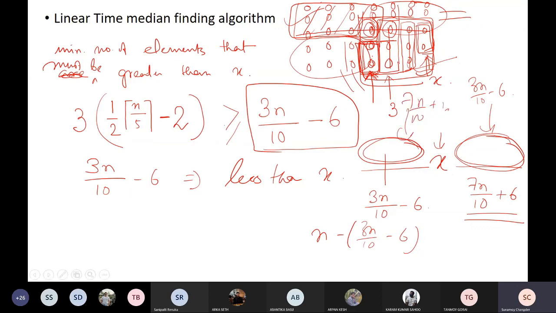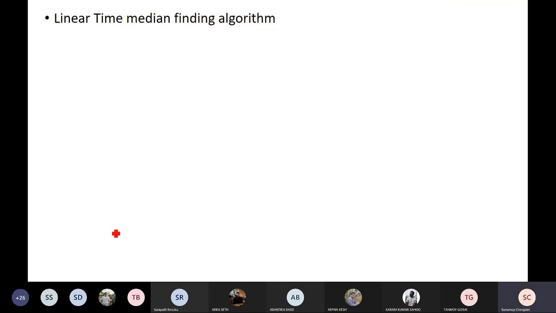So in either way, the larger partition contains 7n by 10 plus 6 elements. Think about that. The larger side of the partition contains 7n by 10 plus 6 elements.